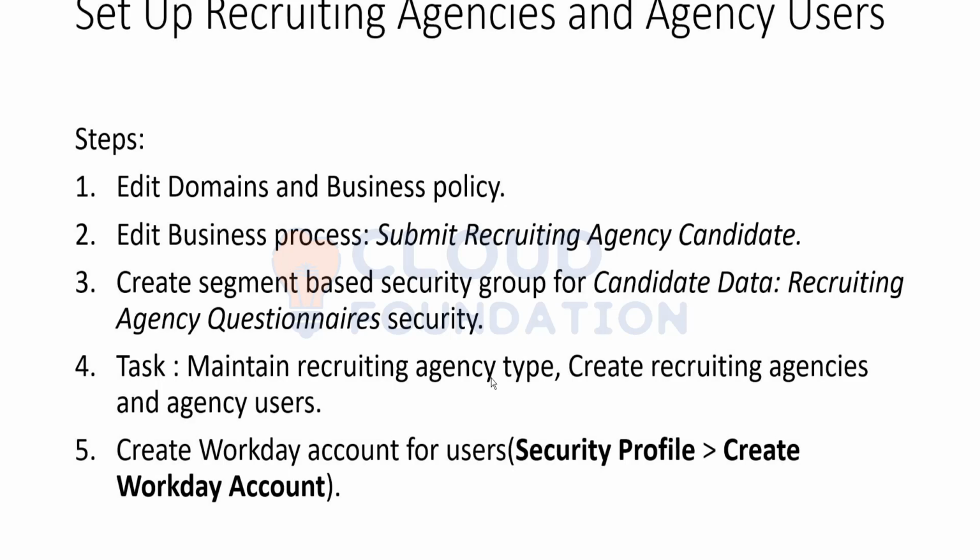So they were like general staffing, executive, or temporary labor. Then create recruiting agencies and agency users. So we went and saw the task, create recruiting agency, and gave certain details. Then there was an option in the agencies itself to create agency user. So I have already created 3 agency users.